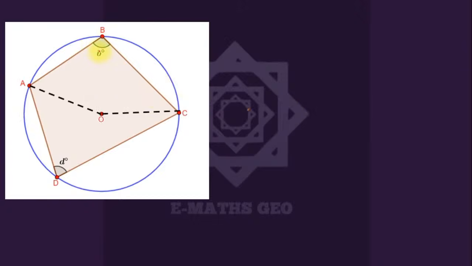As you can see, we have the two opposite angles B and D. From our inscribed angle theorem, we have two central angles, AOC, and also that same AOC. One is the major arc, while the other is the minor arc. The major arc is ADC, while the minor arc is AC.